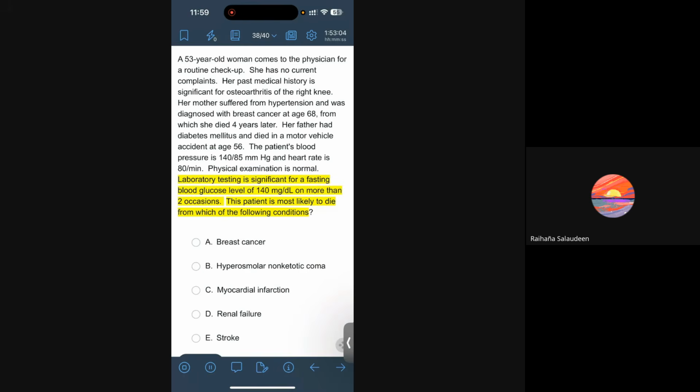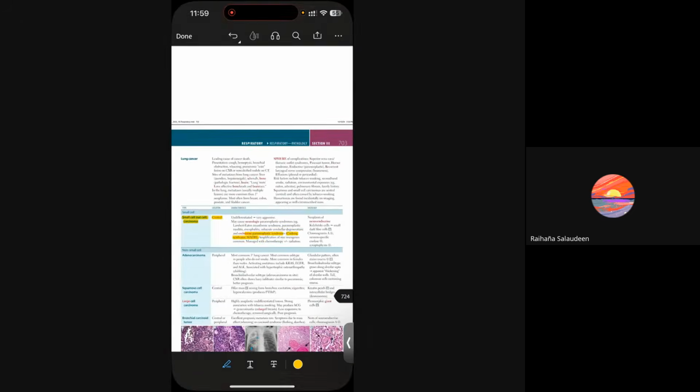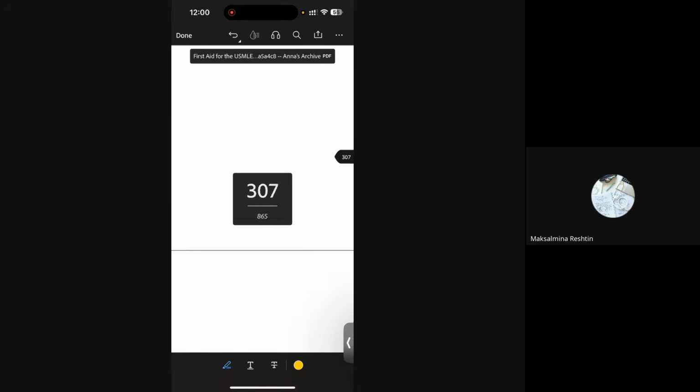So the only abnormal things in this patient are osteoarthritis right now, and the other thing is diabetes mellitus. What is the most common cause of death in diabetes mellitus patients? The heart. MI, right?